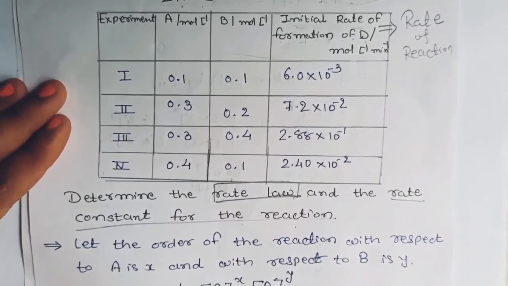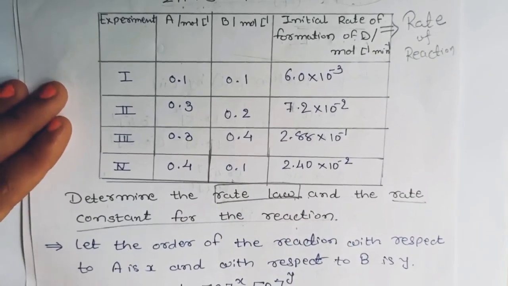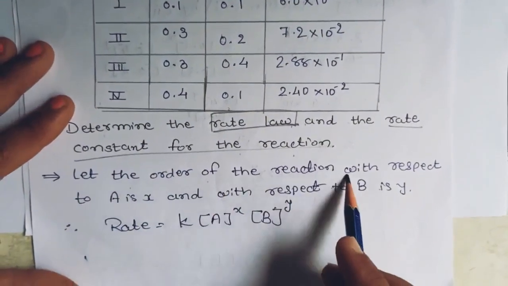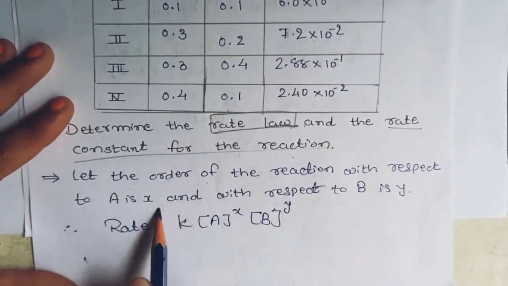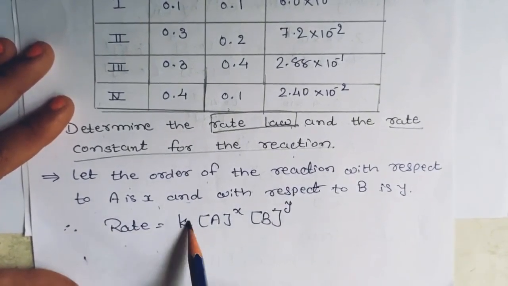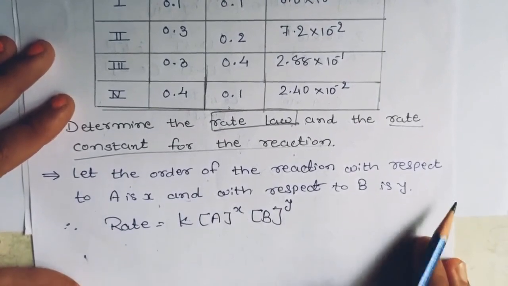Similarly, you have to carry out this numerical as written above, right? Let the order of the reaction with respect to A be x and with respect to B be y. The rate equals k, [A] power x, [B] power y, right?